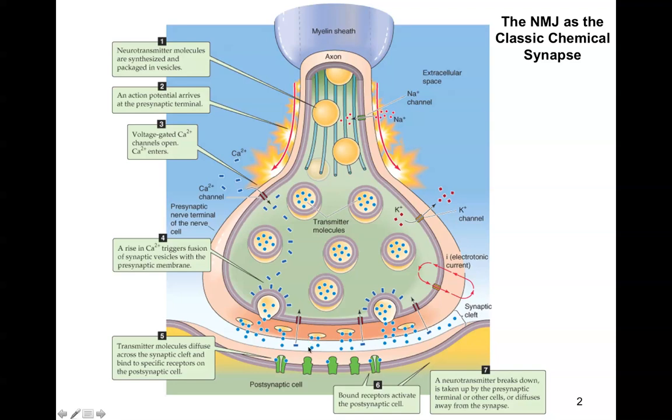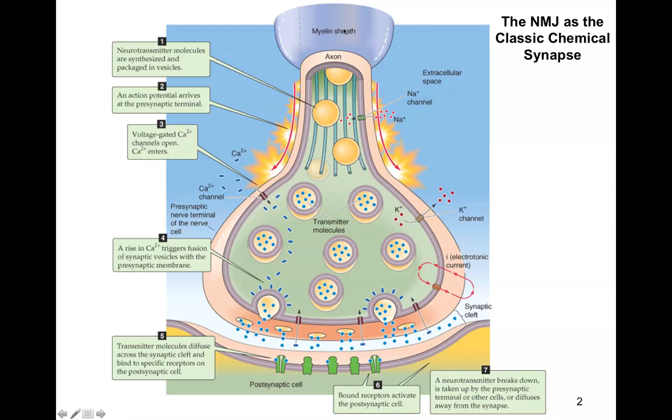And before I complete the story, I just want to back up and show you that these vesicles of neurotransmitter are stored within the axon terminal, but they are actually produced and packaged in the cell body of this neuronal cell.